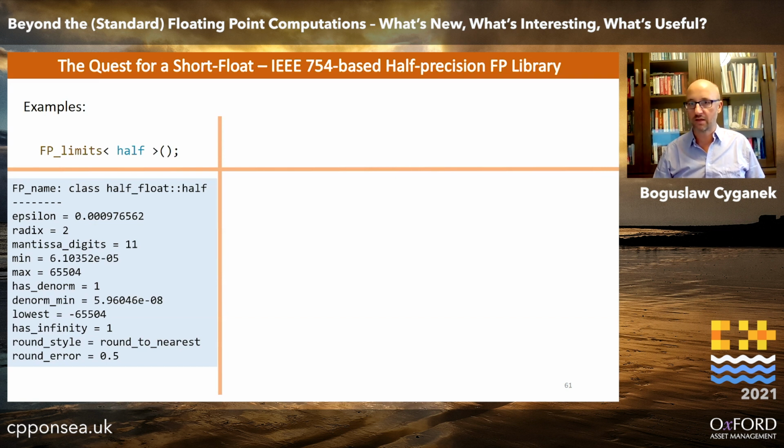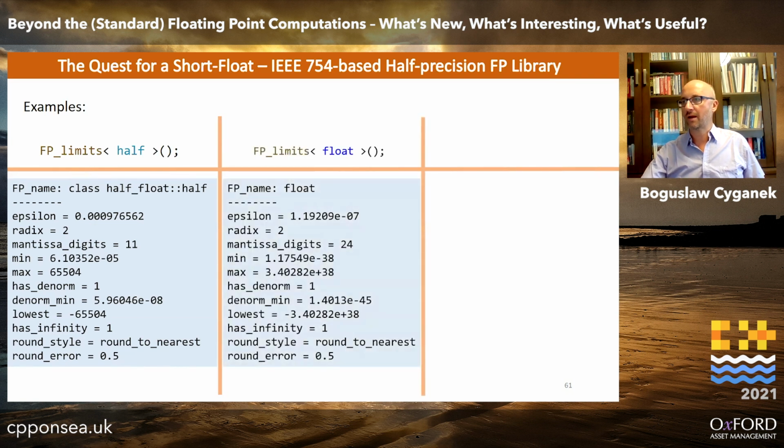So again, is it sufficient for our computations? It depends, heavily depends on the application, but the thing is we need to control this. We see radix 2, mantissa 11, but look, the max value is not that big, 65,000. In many applications, well, probably it is not sufficient.